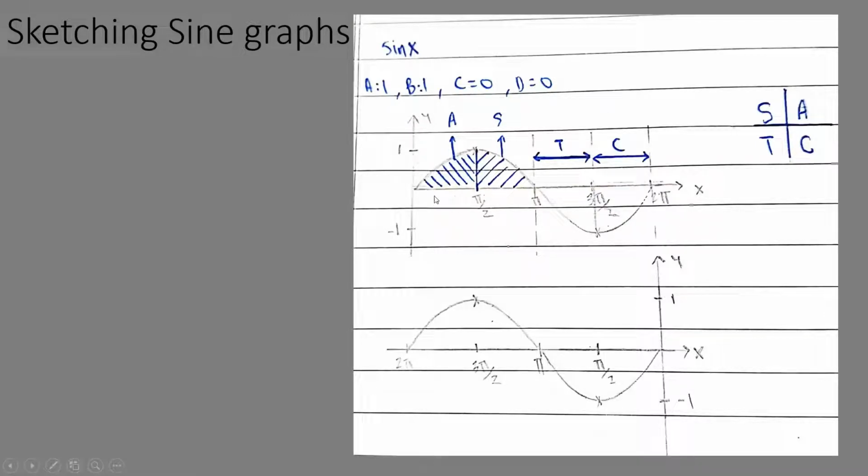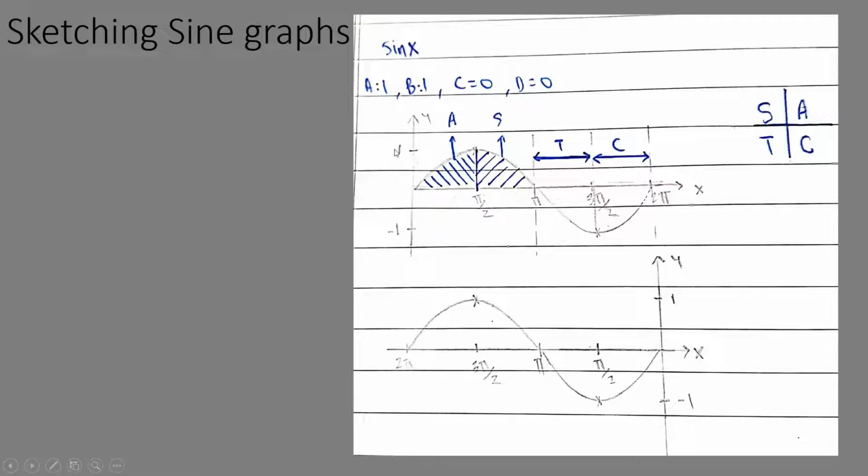I have restricted this graph's domain at 2 pi. However, this graph will repeatedly move on in a wave-like form unlimitedly, and this is in the positive x-axis. It can further continue on the negative x-axis as I've drawn over here, where this is supposed to be negative pi over 2, negative pi, negative 3 pi over 2, negative 2 pi.